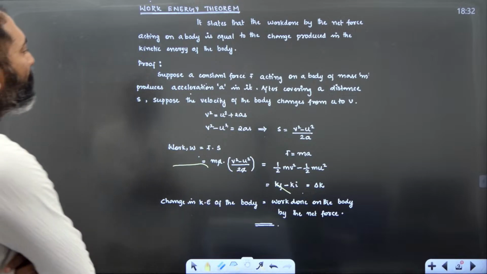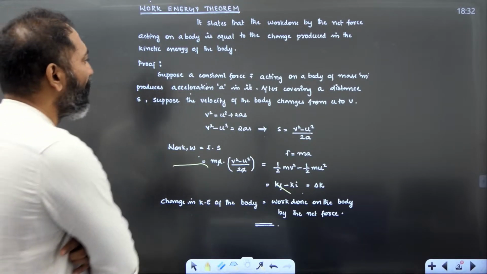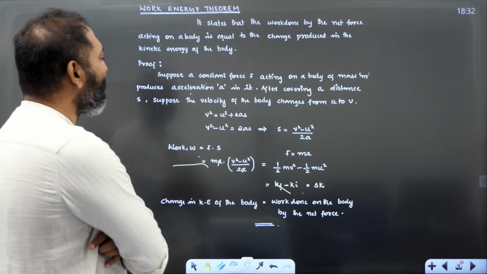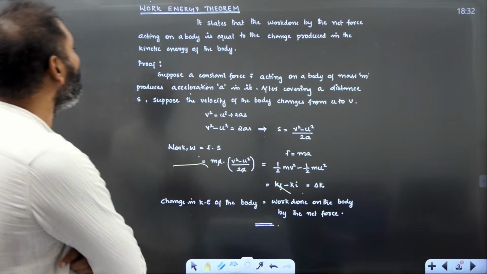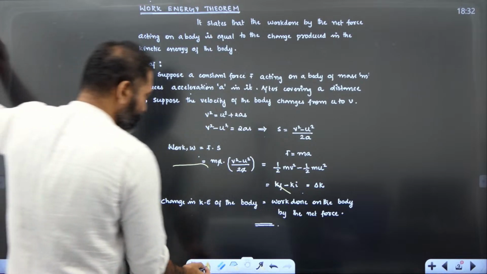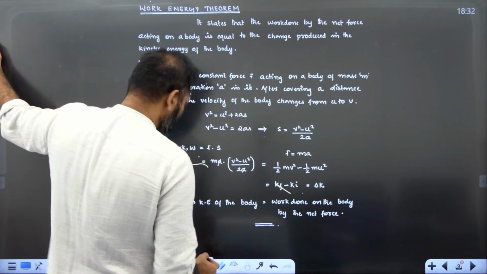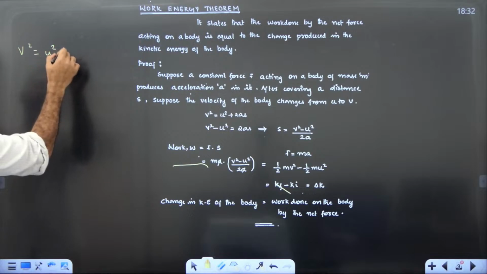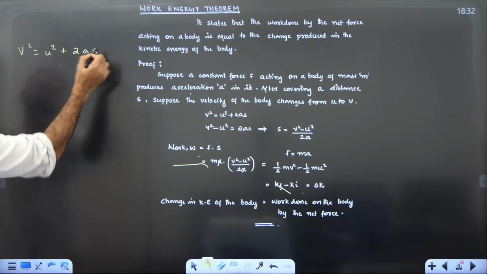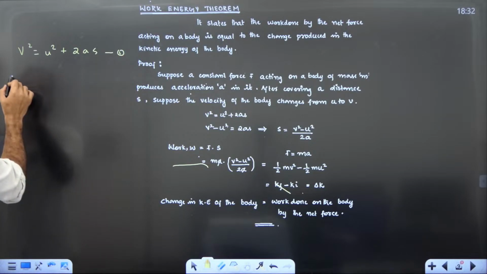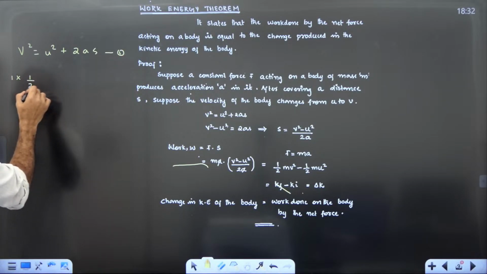Proof. Suppose a constant force F acting on a body of mass M produces acceleration A in it. After covering a distance S, suppose the velocity of the body changes from u to v. We know that v square equals u square plus 2AS. Let this be equation 1. I am multiplying equation 1 by half m.